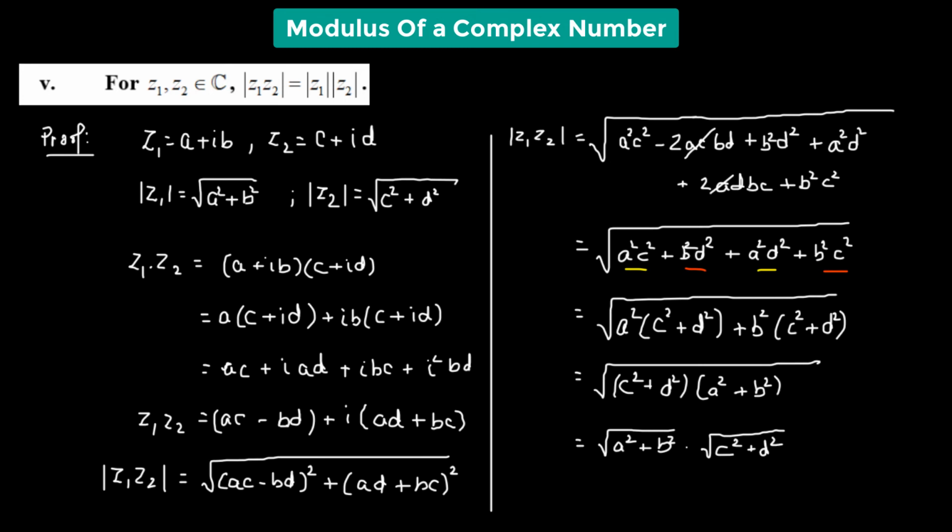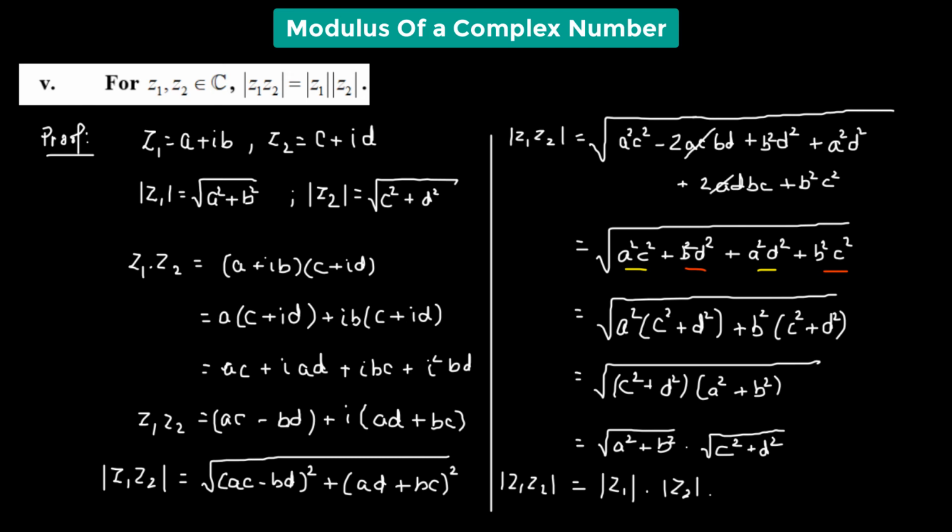I've already found out that the square root of A squared plus B squared is the absolute value of the complex number z1, multiplied to the square root of C squared plus D squared, which is the absolute value of the second complex number z2. So this proves that when we take the product of two complex numbers and then find its absolute value, this is exactly equal to the modulus of z1 times the modulus of z2.